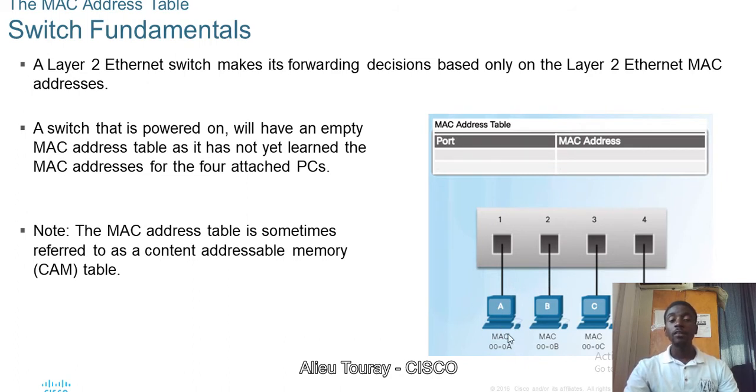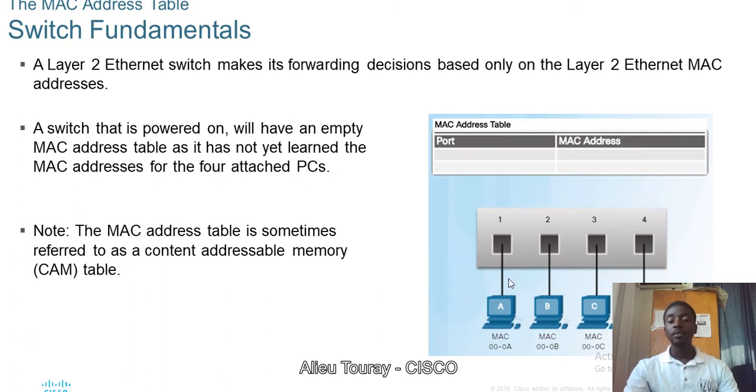So if, for instance, this PC A with a MAC address of 000A wants to forward a packet or a frame to a device here, PC D, PC A is first going to broadcast that frame. It will broadcast that frame to port 2, 3, and 4. All ports here will receive this frame, but PC B and C would ignore this frame because it is not destined for them, but PC D would respond.